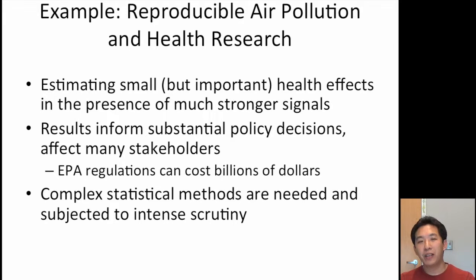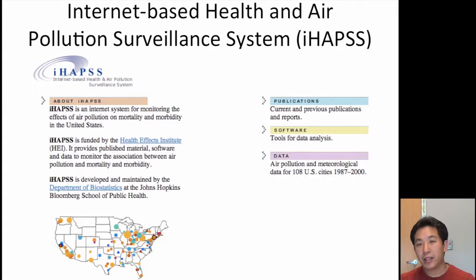So the combination of an inherently small signal, large impacts, and complex statistical methods almost requires that the research that we do be reproducible. And so one of the things that we've done here at Johns Hopkins is to create what's called the Internet-Based Health and Air Pollution Surveillance System, where we make a lot of our data available, we make a lot of our statistical methods in the form of R code available, so that they can be examined and the data and many of the results that we produce can be reproduced by others.